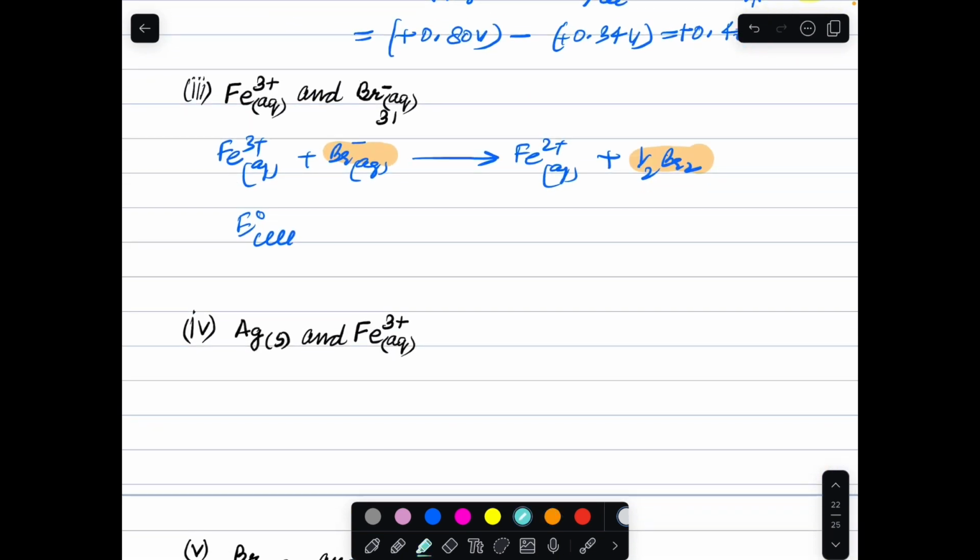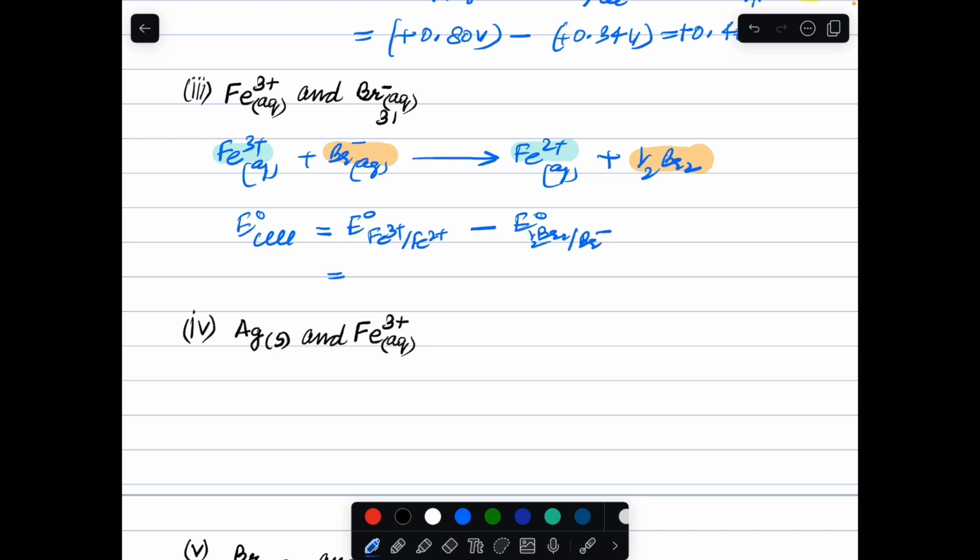So this is the reduction process. In case of bromine we have the oxidation process. So E cell is equal to E naught Fe3+ to Fe2+ minus E naught Br2 half to Br minus.